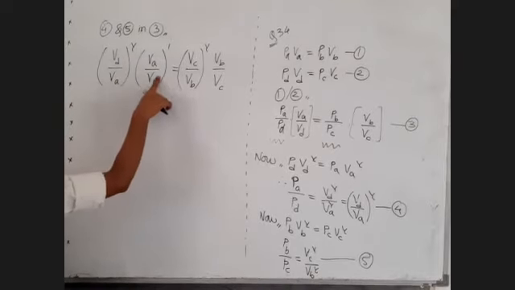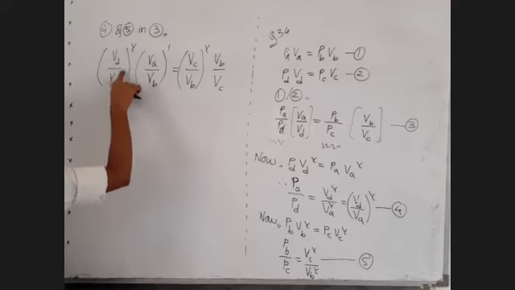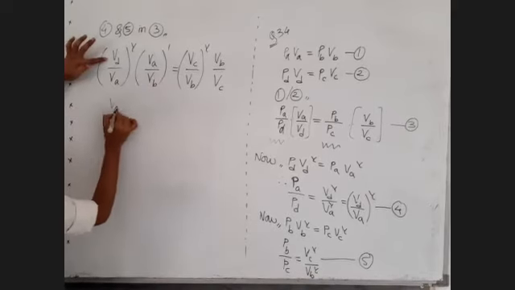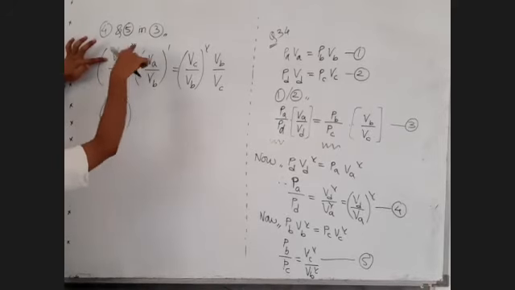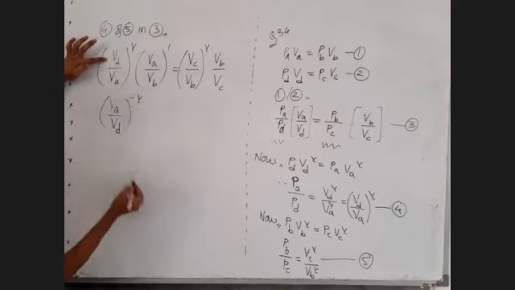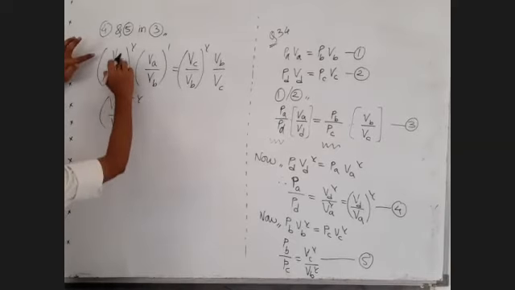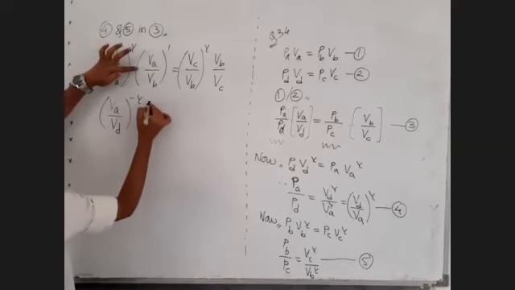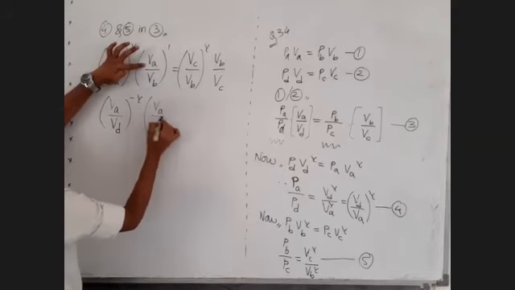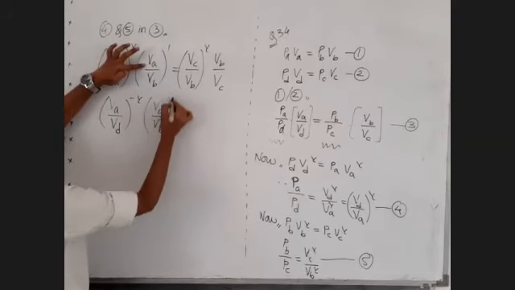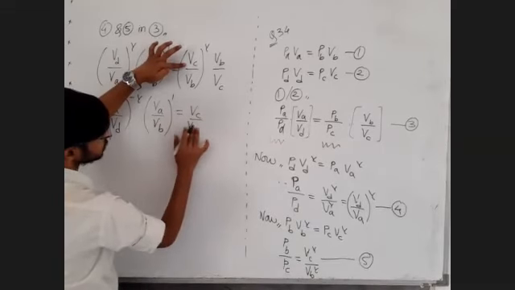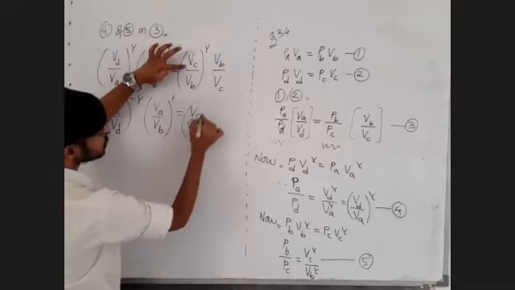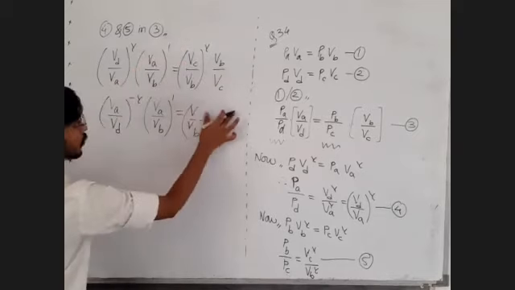So let's take the reciprocal of this. Yes, VA upon VD. If you take the reciprocal inside, then the index will become negative. Sorry, we have to take reciprocal.